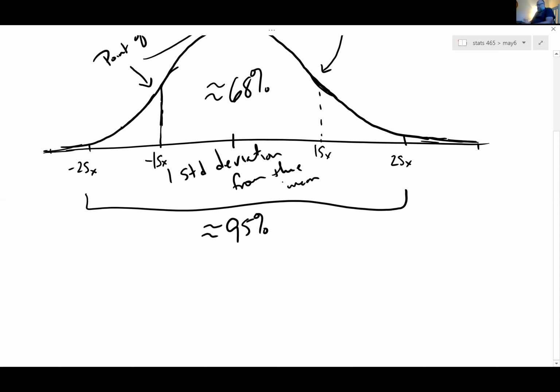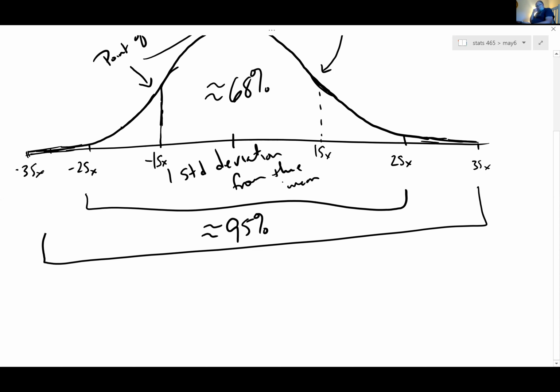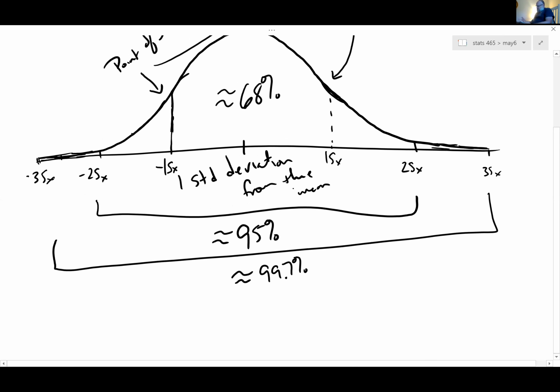That's -3 standard deviations, and this is +3 standard deviations. Between here and here is how much? Well, it's obviously more than 95%, and it turns out it's about 99.7%. This is what's called the empirical rule sometimes, with approximate values.